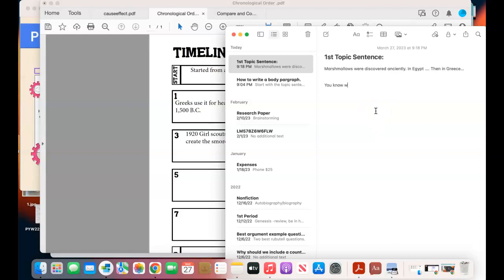So now you know what marshmallows are, but have you ever wondered how they became part of an iconic treat?